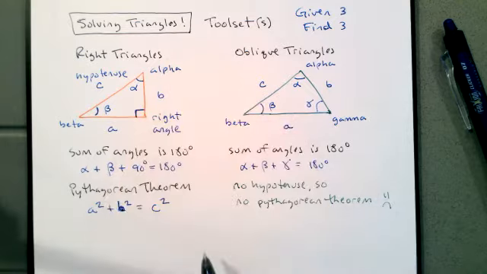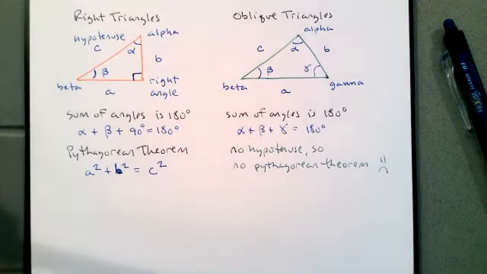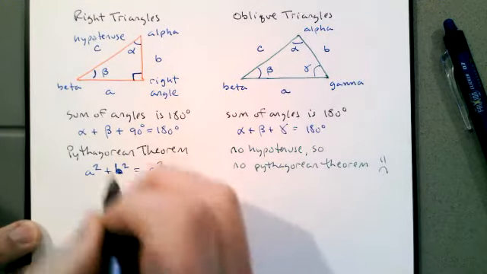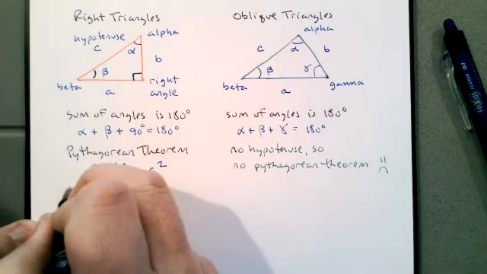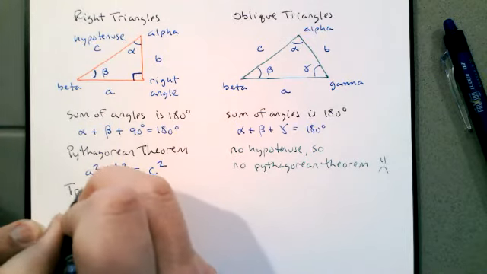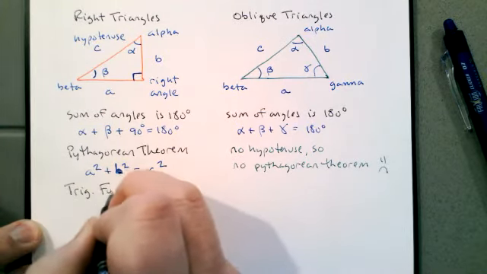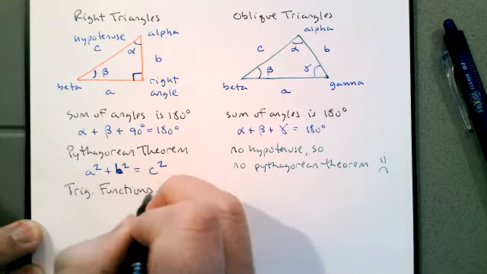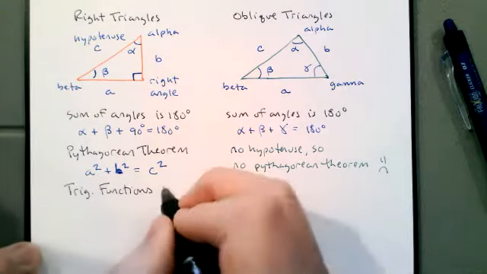So we looked at our trig functions, and they're sitting firmly in the category of for right triangles. So a connection between sides and angles is the trig functions. Specifically as ratios.